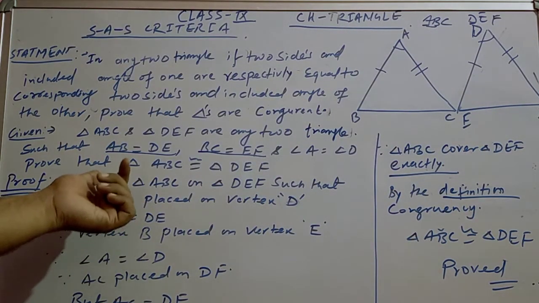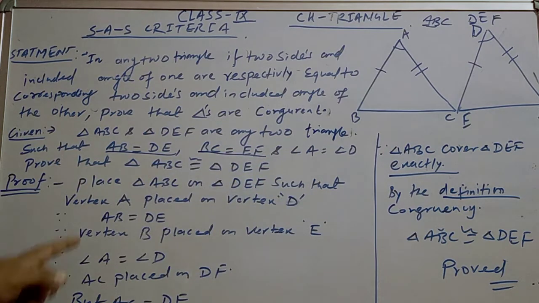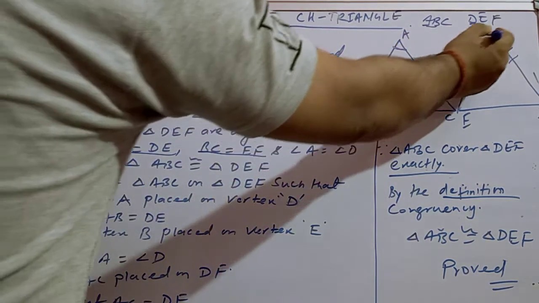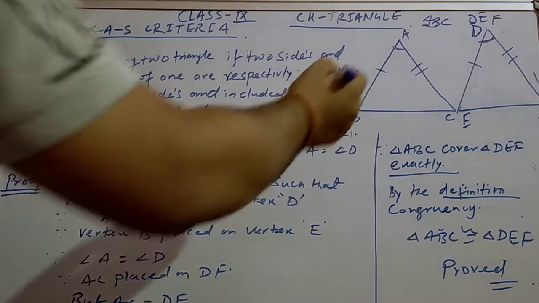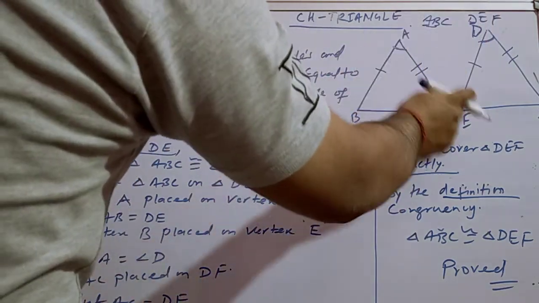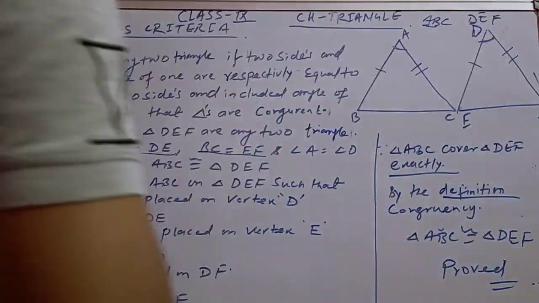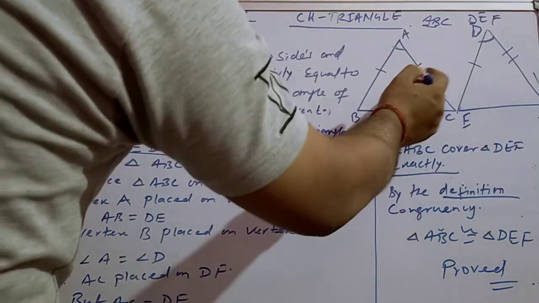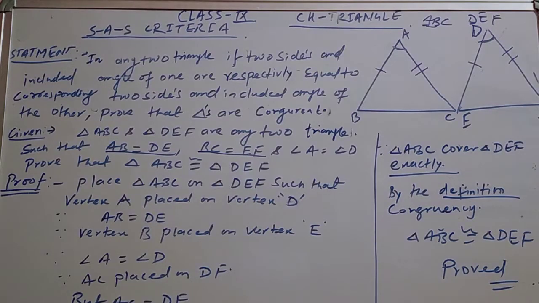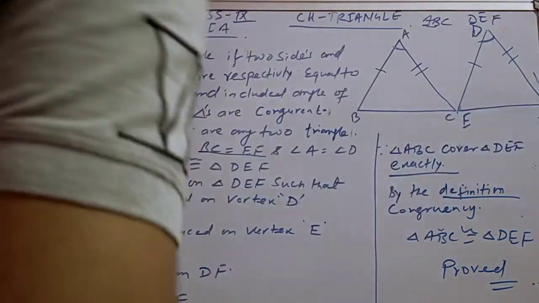So here I have written place triangle ABC on triangle DEF such that vertex A is placed on vertex D. Since AB is equal to DE, therefore vertex B is placed on vertex E. Now again, here it is given that angle A is equal to angle D. So if angle A is equal to angle D, now you can say, sir, AC is placed on DF. But again here given that AC is equal to DF. Both the sides are equal. So now you can say that sir C is placed on F.